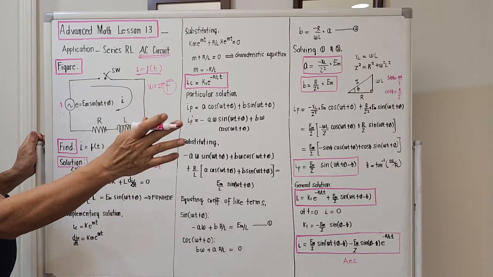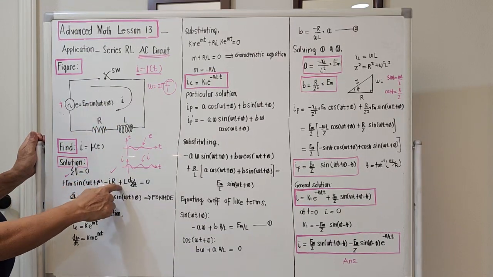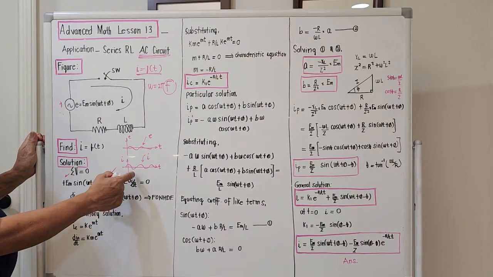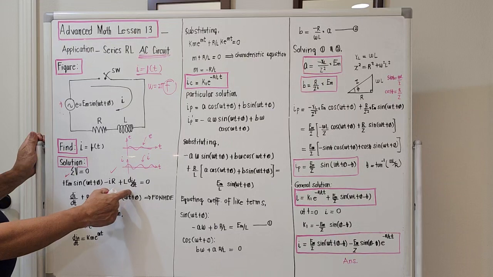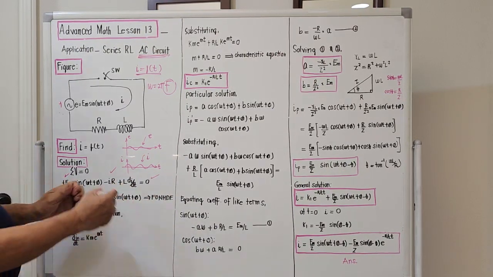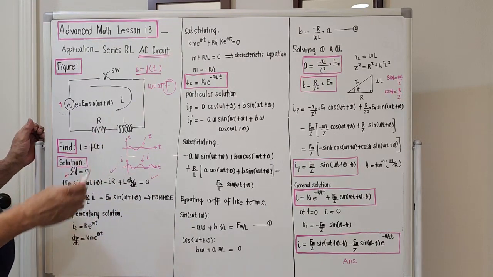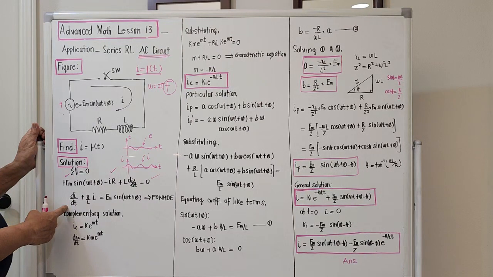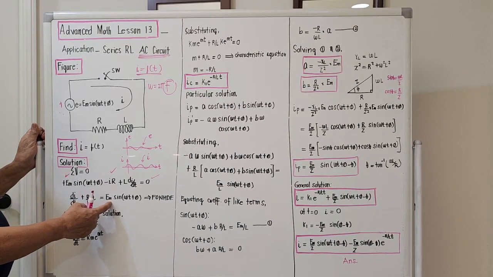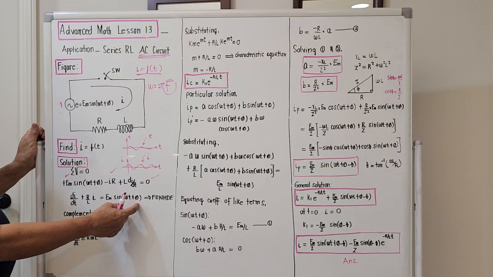We passed by the previous discussions. The voltage across the inductance is actually L times the rate of change of current with respect to time. And they should be equal to 0. If we try to simplify the summation of voltages, what will come out will be di/dt plus the ratio R over L times I equal to E sub m sine of the quantity omega t plus angle p.